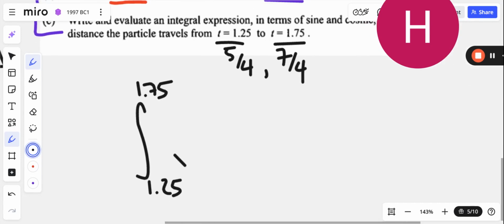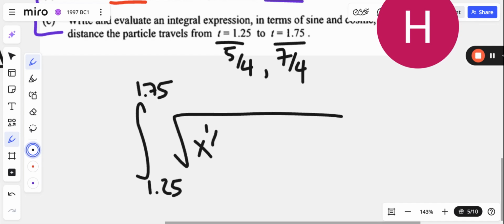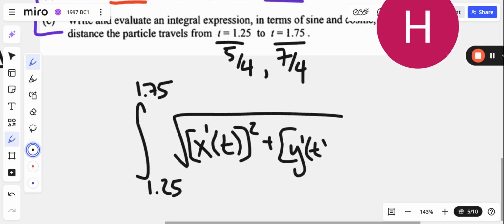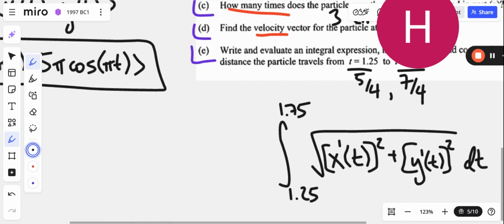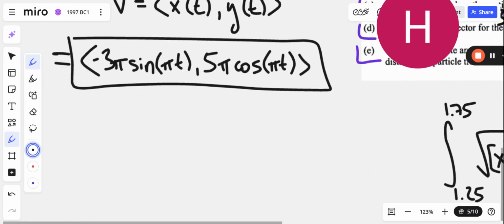What is the distance equation? Well, it's going to be the square root of the change in x squared plus the change in y squared with respect to time, of course. And that might seem tough, but I'm going to just attempt it without a calculator anyways. I'm sure it'll be fine.